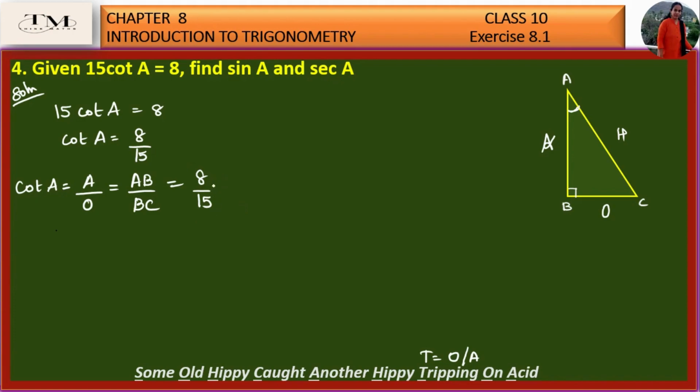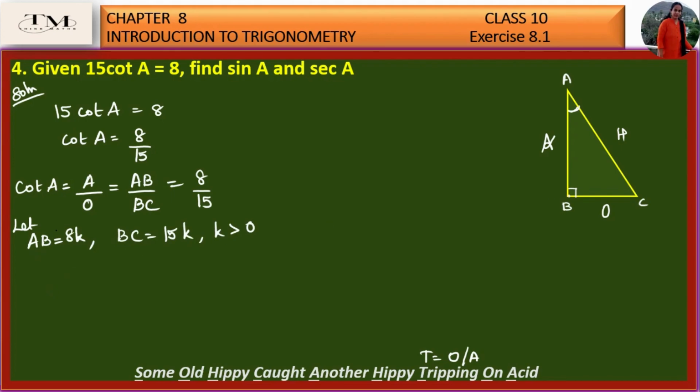So we got 8 by 15 after some simplification, so there will be a common divisor. If we divide by the common divisor, we will get 8 by 15. Let that common divisor be K. Then AB will be 8K and BC will be 15K, where K is a positive integer.